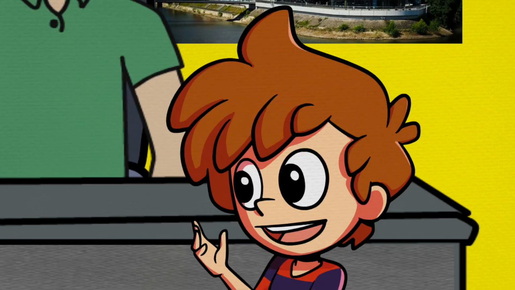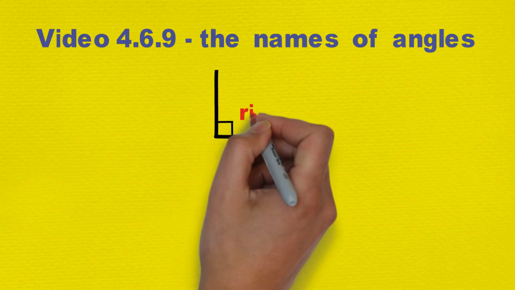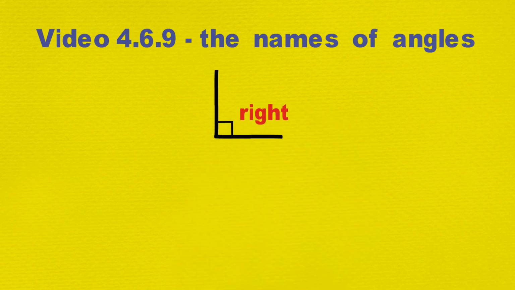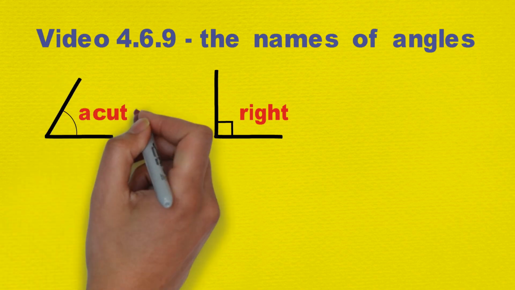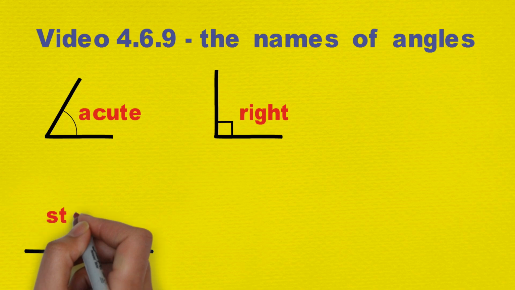And, joined in Max, in video 4.6.9, we learned the names of angles. We have already talked about right angles. Angles that are less than a right angle are called acute angles. If we put two right angles together, we get a straight angle.